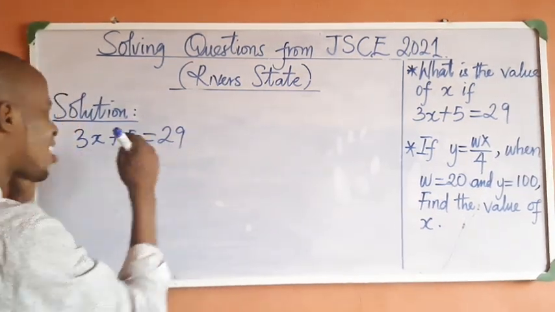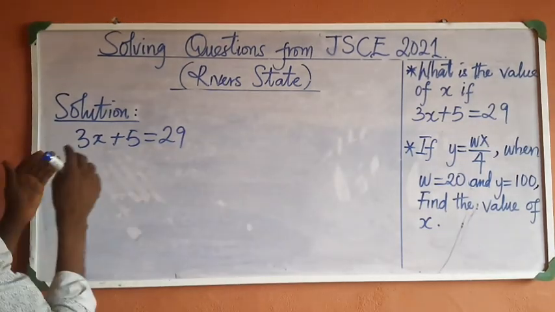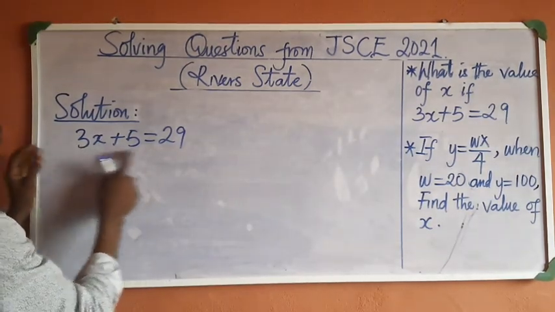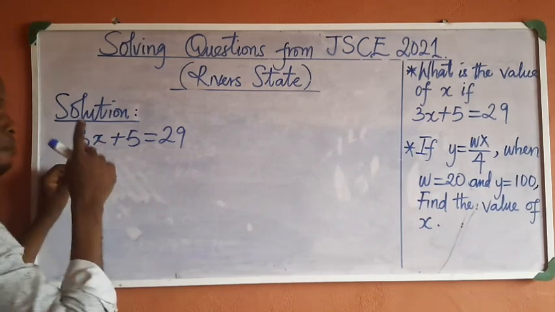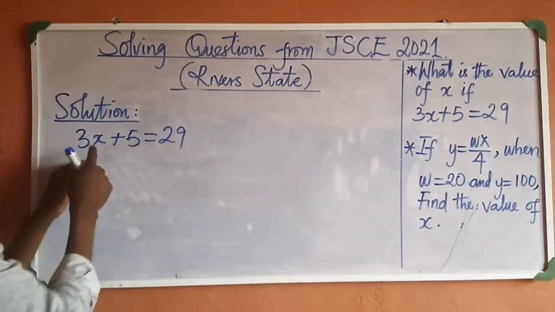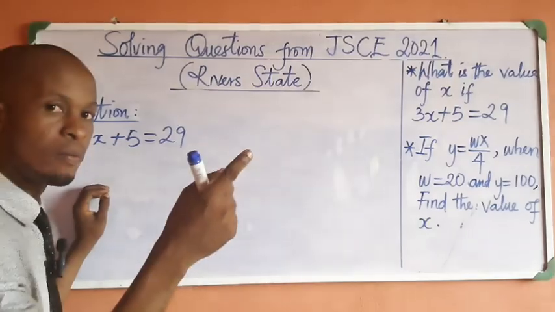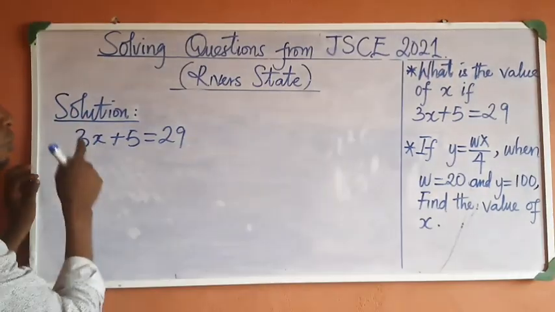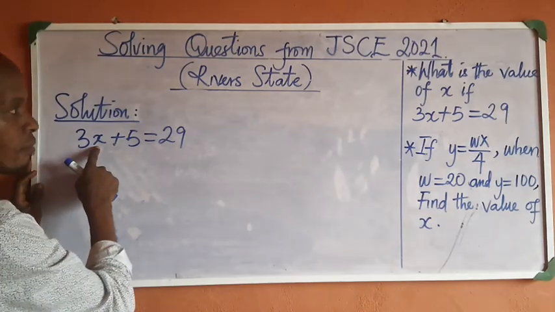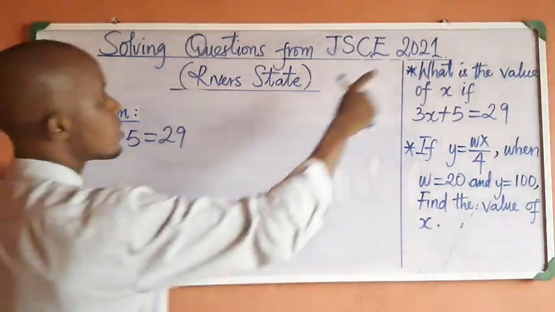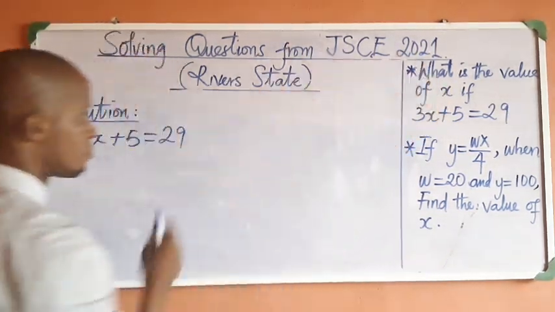If you look at it closely, you will see that one of the terms is a mixture of a number and a letter. In mathematics, that letter is what we call the unknown. And this, according to the question, is what we are looking for. The unknown, the x. That is why the question says, what is the value of that x?